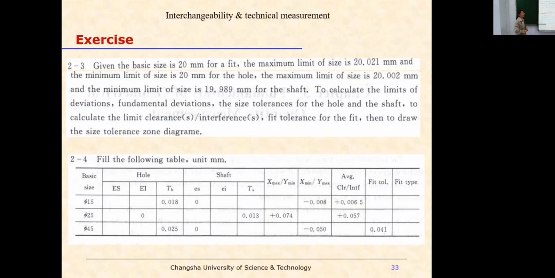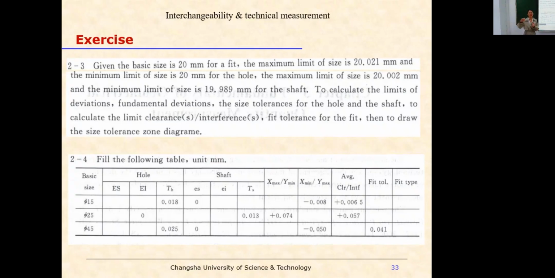Last class we talked about if the maximum hole fits the minimum shaft, it has a clearance. I mean that the maximum hole minus the minimum shaft, so the value is plus.